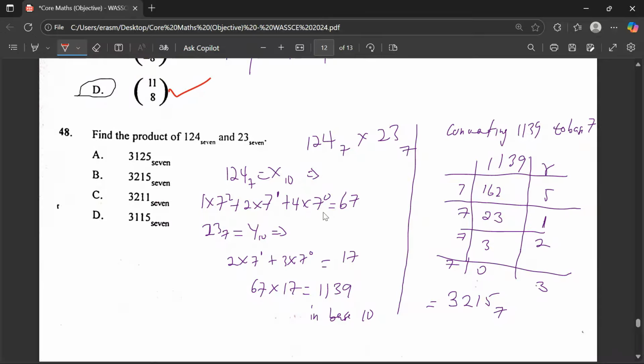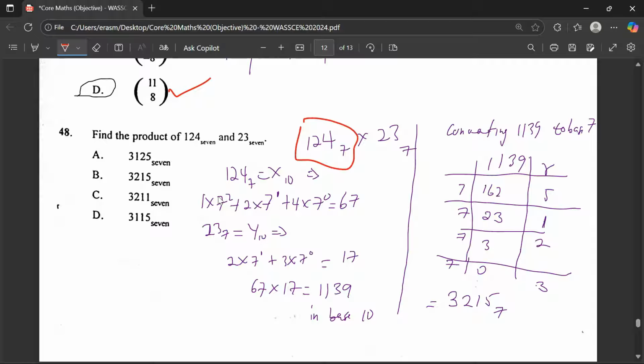Now, find the product of 124 base 7 and 23 base 7. Now, this implies 124 times 23, all in base 7. So we need to convert each of them to base 10 first. We have 124 base 7 being converted to, let's say, x in base 10, right?